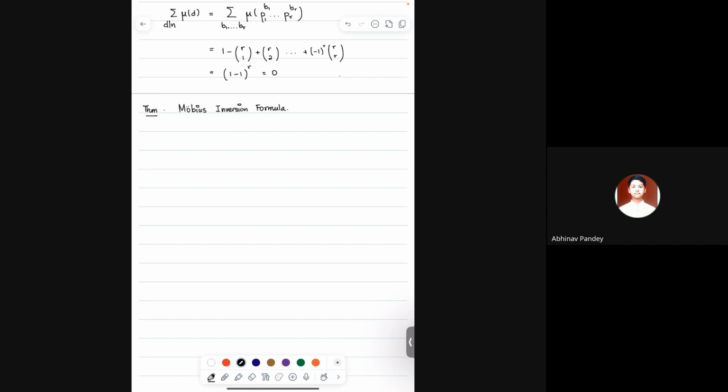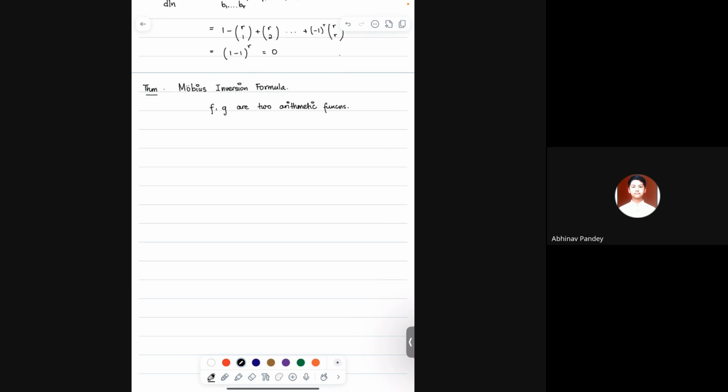And what does this say? Let's have two arithmetic functions, f and g, and my inputs are always non-negative. Let's say g of n is a function that can be written as the summation of f(d), summed over all divisors of n.